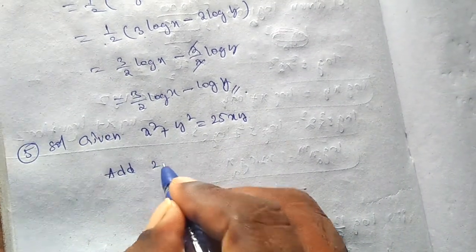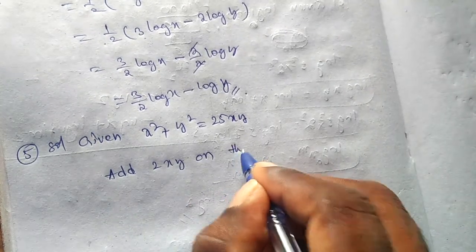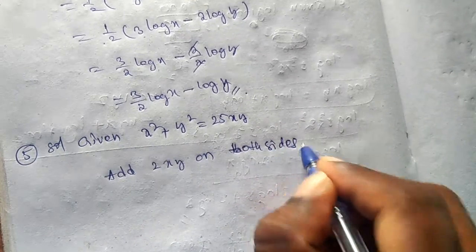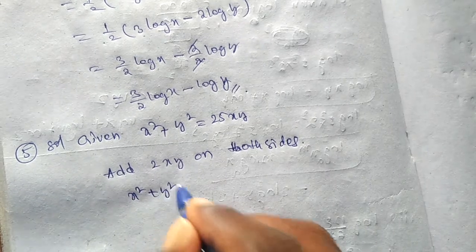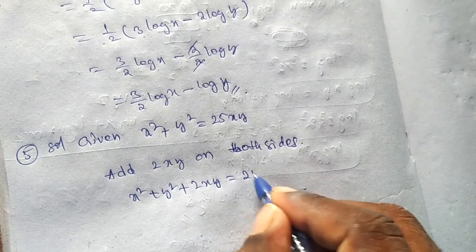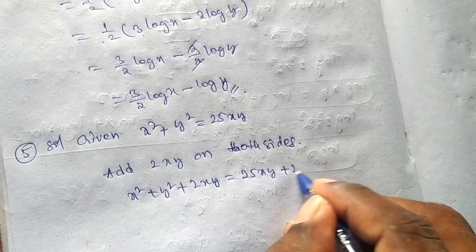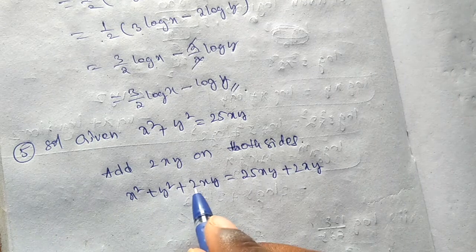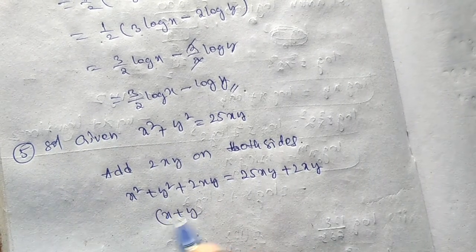Now here, add 2xy on both sides. On the left hand side we have x square plus y square plus 2xy, and on the right hand side also you have to add this 2xy, so 25xy plus 2xy. Here x square plus y square plus 2xy is x plus y whole square.